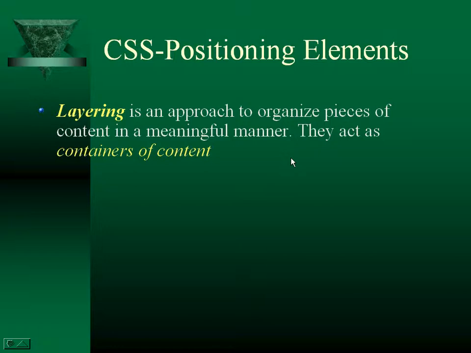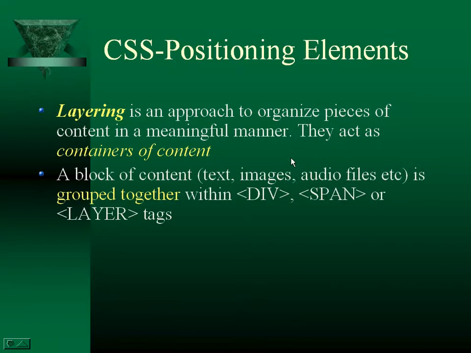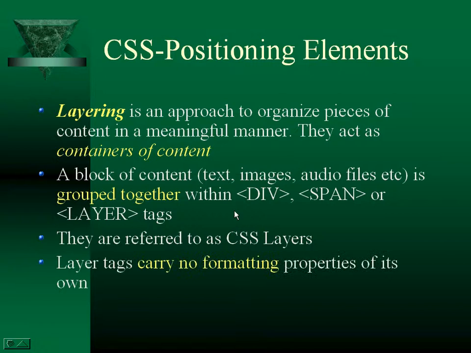We can create CSS layers by grouping some block of content containing text, images or audio files, etc. using div, span and layer tags. Layer tags do not contain any formatting properties of their own.